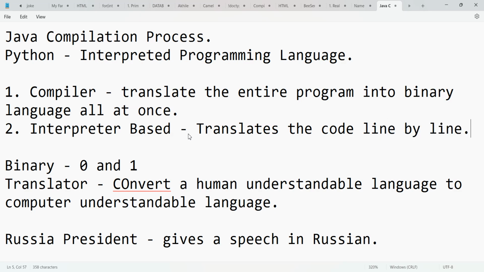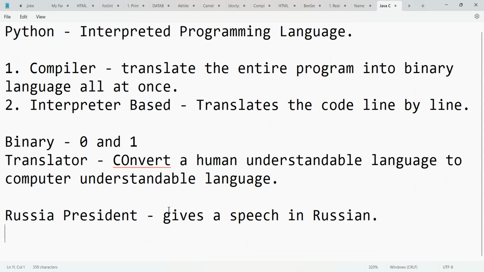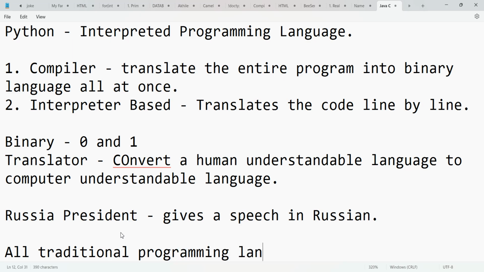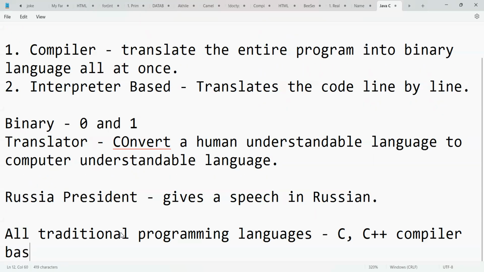As soon as you write one line of code, it translates it to computer understandable language. So, in case you made any mistake, it will point it out immediately. Now, all traditional programming languages like C, C++, and others are compiler-based programming languages.